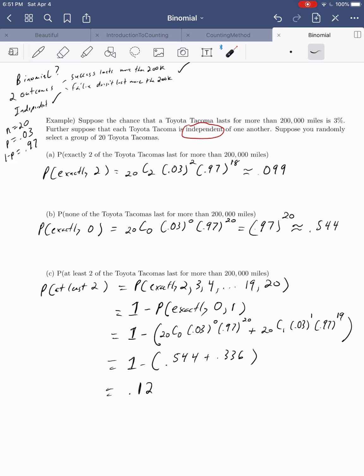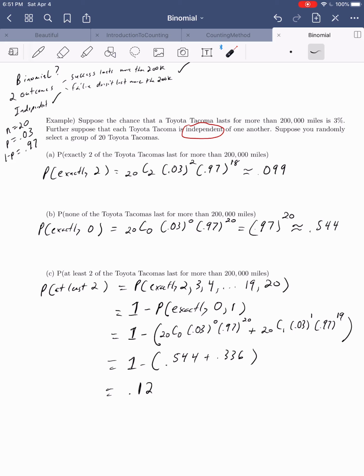Unfortunately, while this formula is nice and useful, as you guys can see, sometimes it gets very computationally intensive when there's lots of different possibilities, right? As we saw here, this was only a group of 20 trucks, and already we had to get sort of lucky that we could use this complement rule to take care of this.